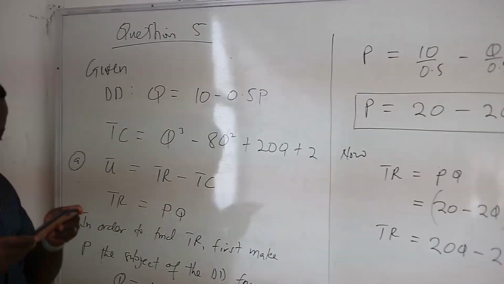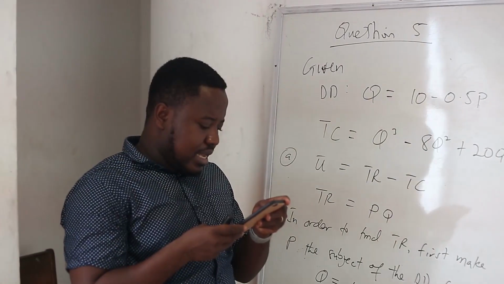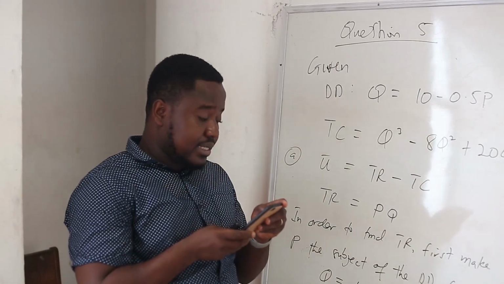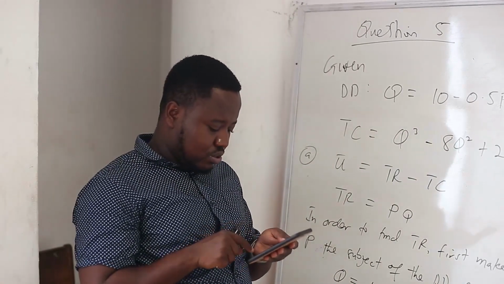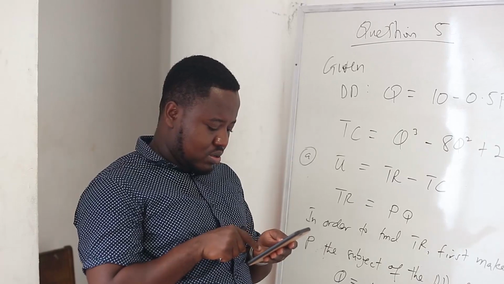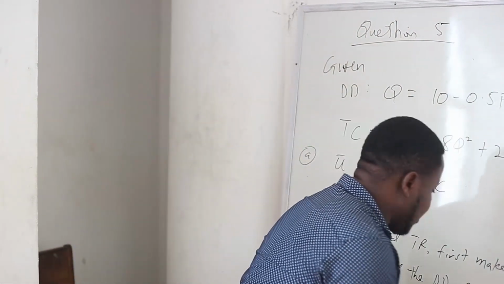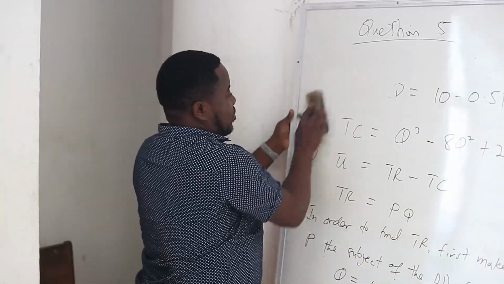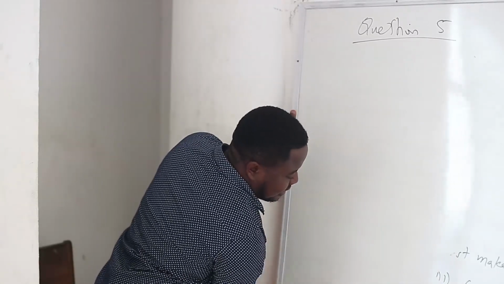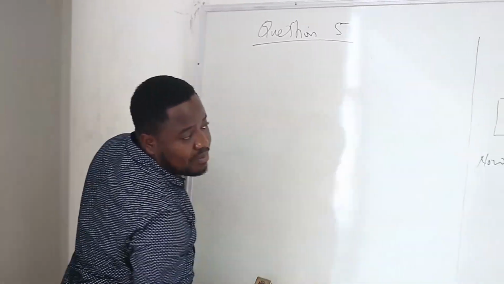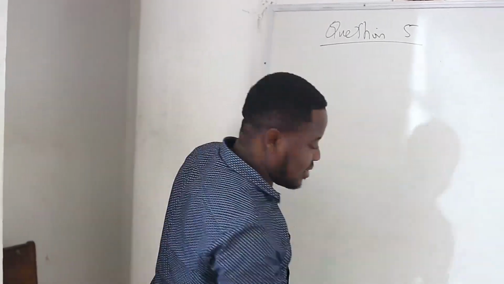So the second part of the question says we should find the level of output that maximizes profit. So we just apply the first and the second order conditions we learned last week.